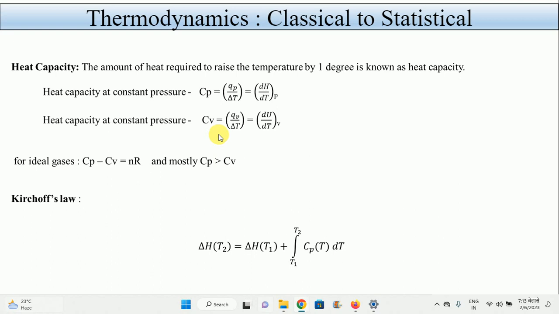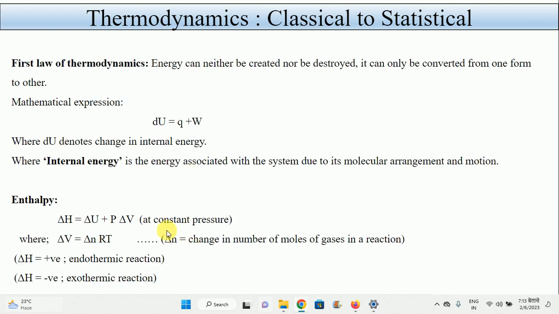You can also see that from the formula delta H is equal to delta U plus P delta V. If we consider delta H as Qp, heat at constant pressure, and delta U as heat at constant volume, there is something extra added to the heat at constant volume. So heat at constant pressure is greater than heat at constant volume.